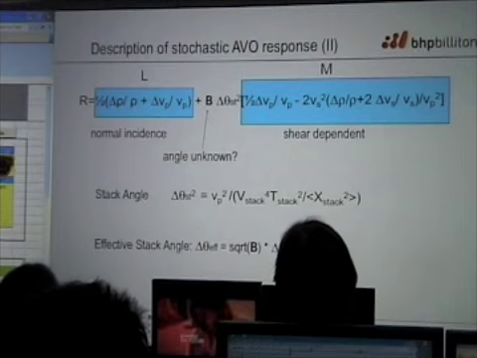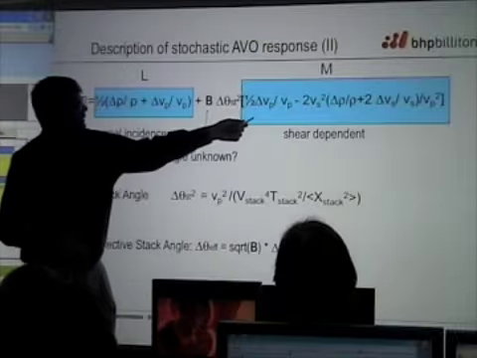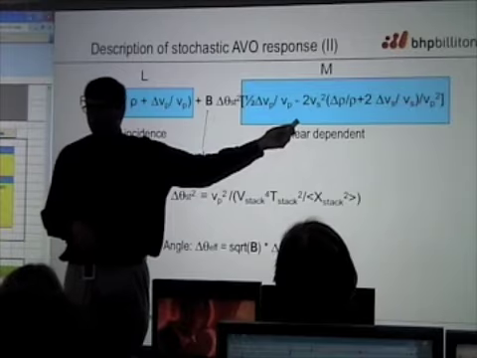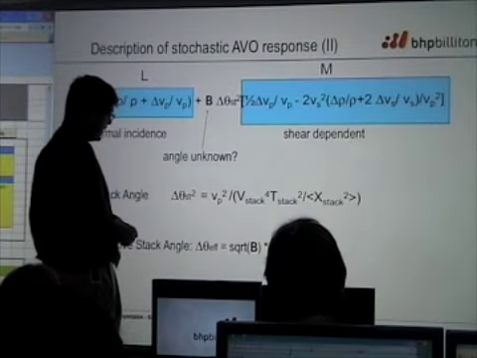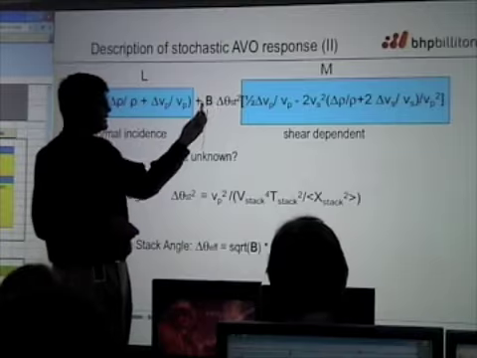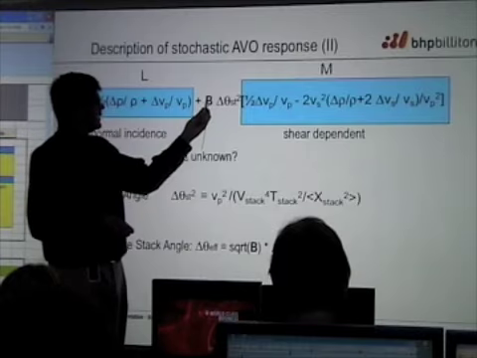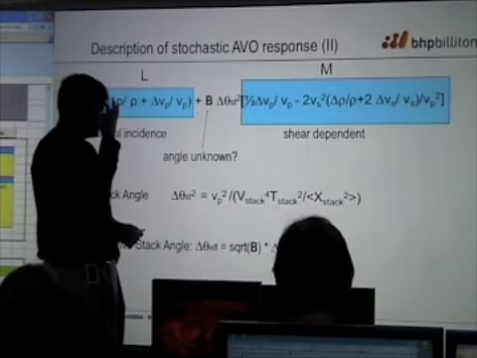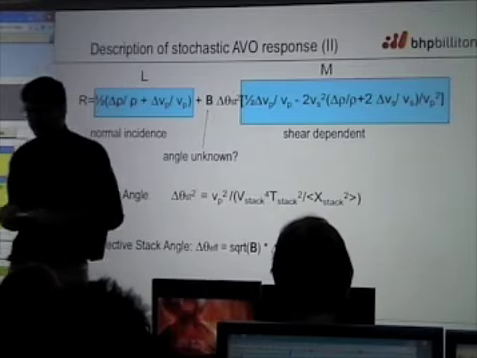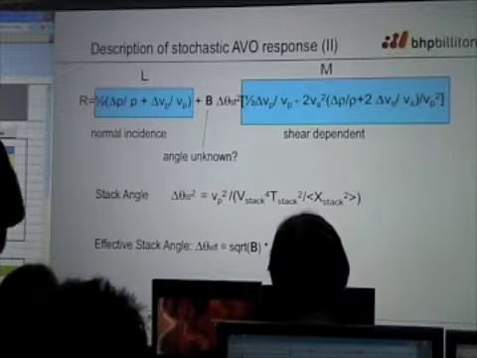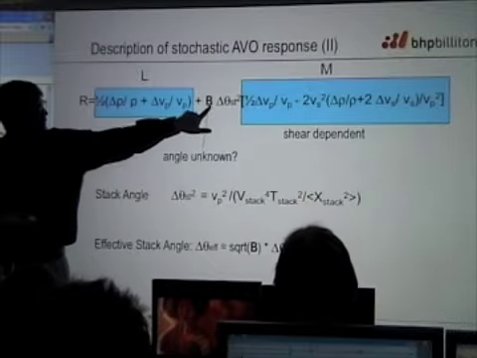Other people may even call these A and B. Another thing I want to point out is that this particular B that we put in there is a representation of the fact that theoretically B should equal 1.